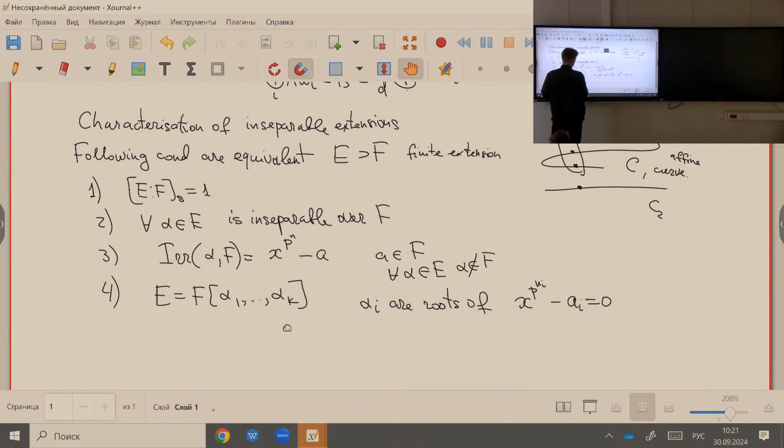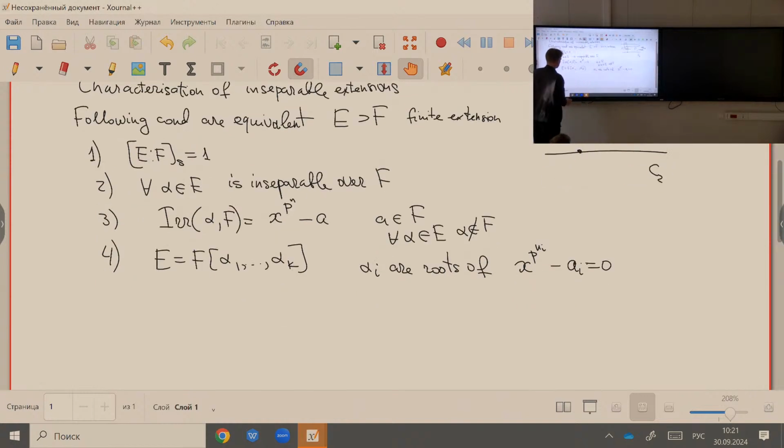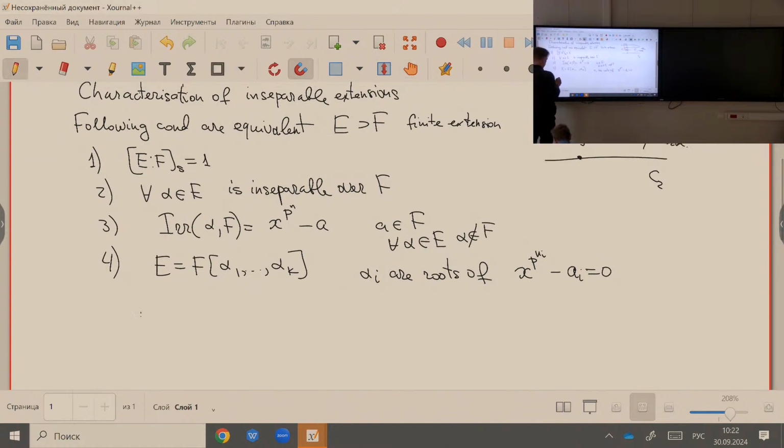Yeah, so for example, how we can obtain 3 from 2. We have noticed that if alpha is inseparable, so let me write down 2 implies 3.